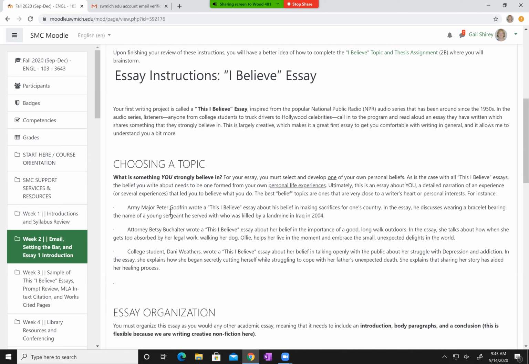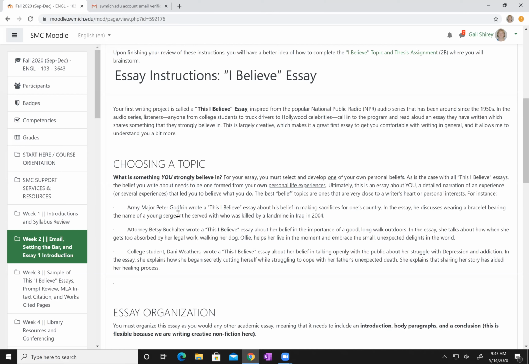Army Major Peter Godfrey wrote about his belief in making sacrifices for one's country. And in his essay, he discusses wearing a bracelet bearing the name of a young sergeant he served with who was killed by a landmine. So again, the experience, he goes into detail of what maybe formed that belief or affirmed that belief. Attorney Betsy Buckwalter wrote an I Believe essay on her belief of the importance of a good long walk outdoors.